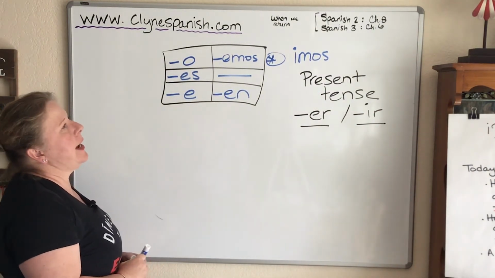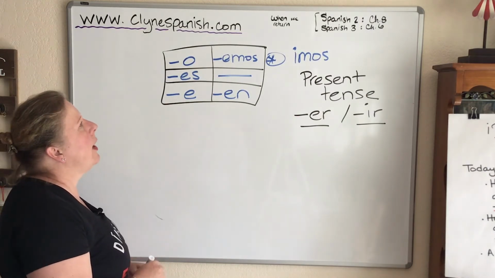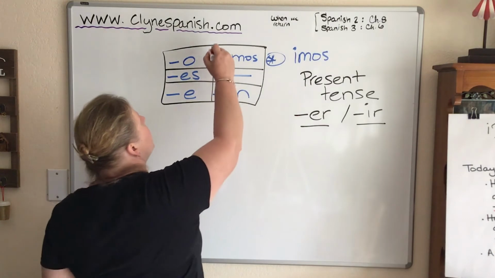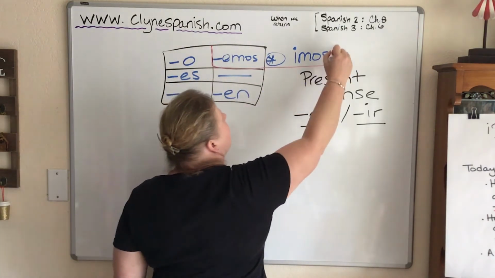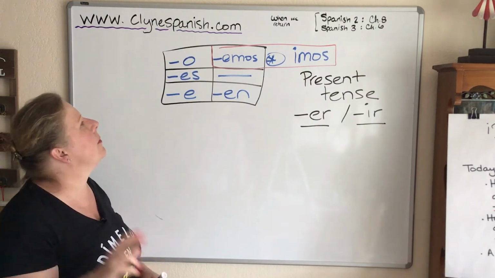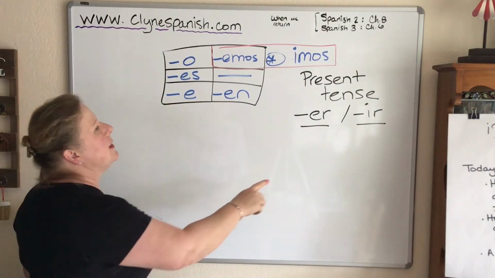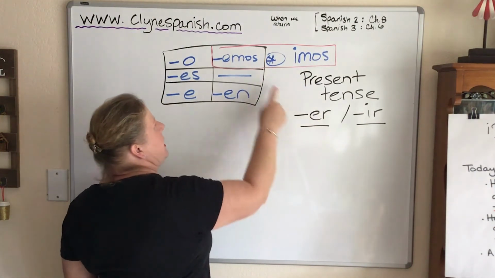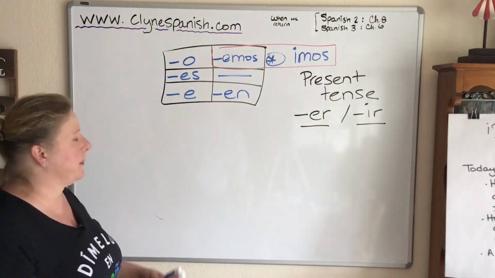So ER and IR end the same way, except here. This is what you've got to watch out for. In the nosotros, nosotras form, the we form, if it's an IR verb, it's going to be imos. And if it's an ER verb, it's going to be emos.